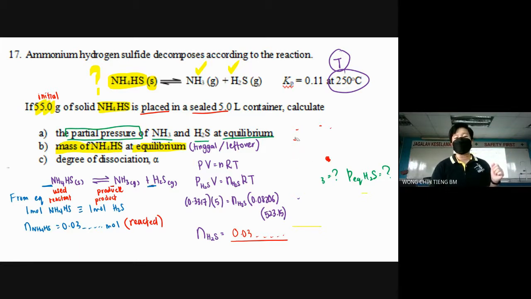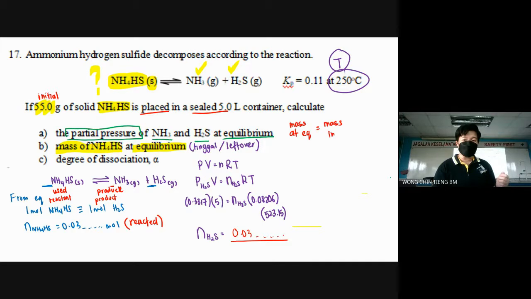That means to find the after, what formula do we have? There is no formula actually, the logic is how? How do we find the after? Alright, to find the mass at equilibrium, the mass at equilibrium must be the mass of your initial minus the mass that is reacted. Okay, I directly use mass as the formula because my final answer needs mass.